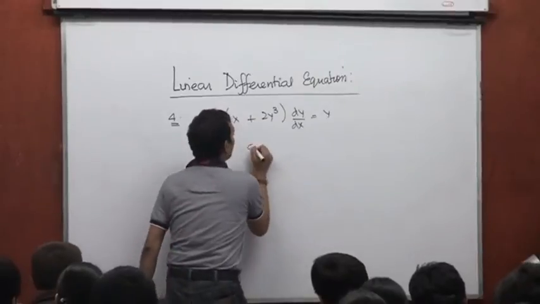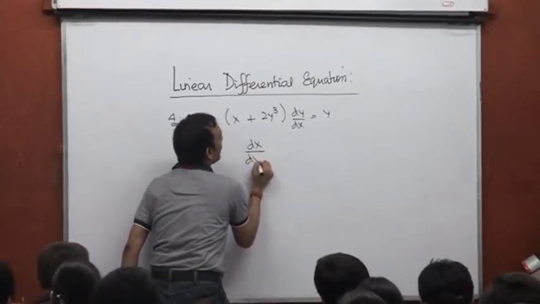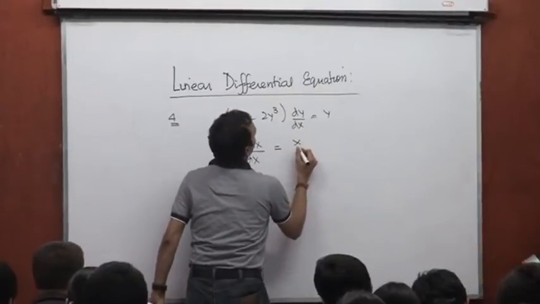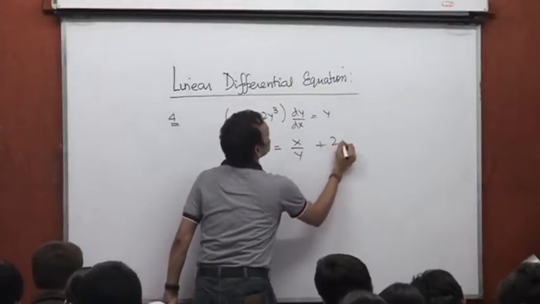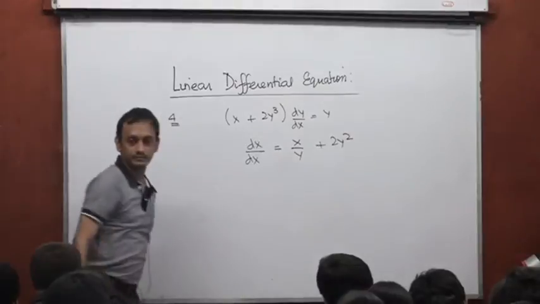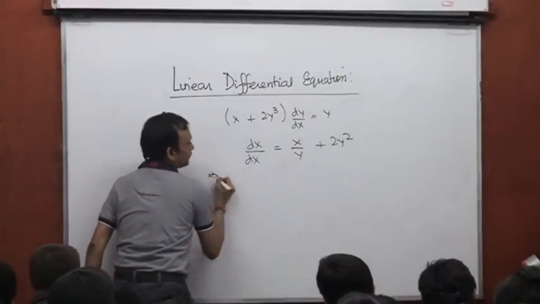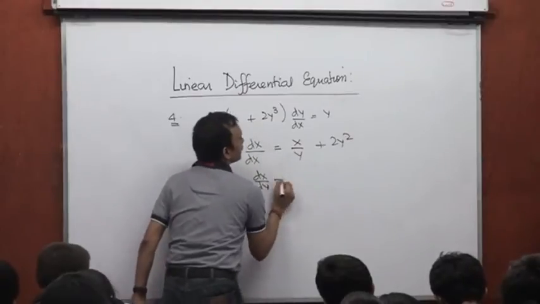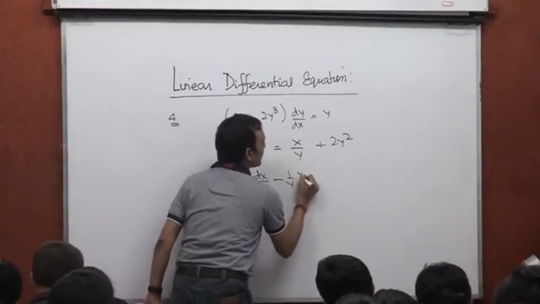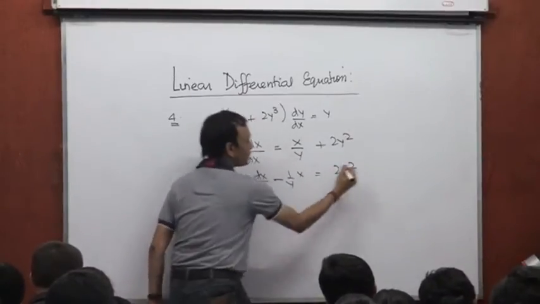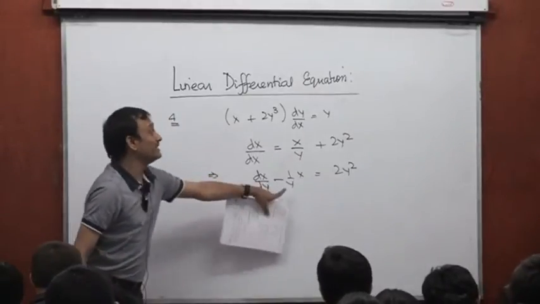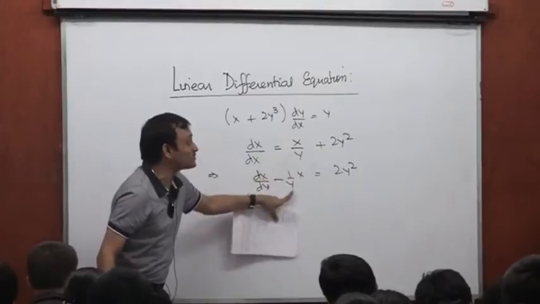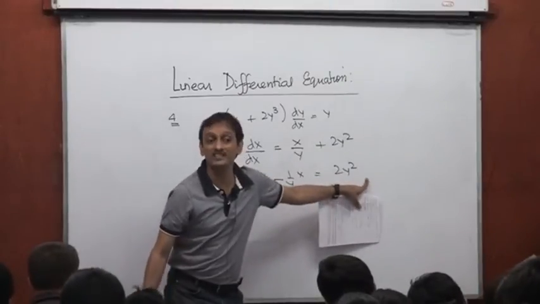In fact, you may want to write this as dx dy equal to x by y plus 2y squared, or dx dy minus 1 by y into x is 2y squared. This is linear in x. P is minus 1 by y, q is 2y squared.